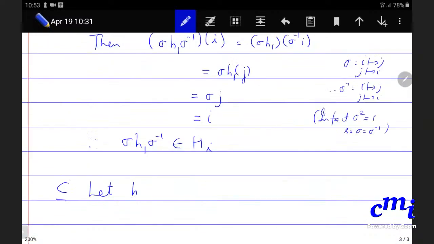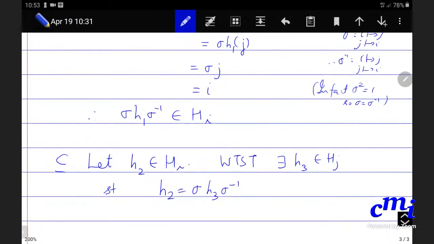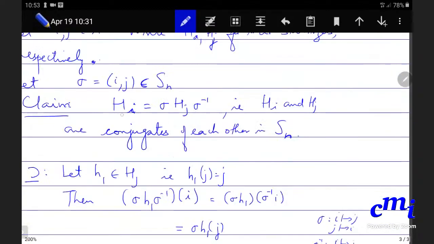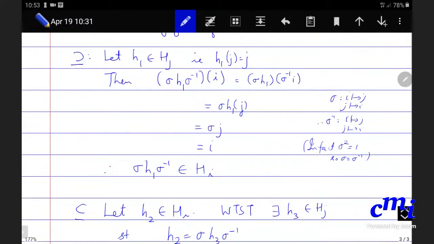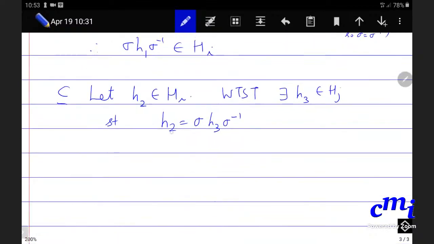So we want to show that there exists H3 inside Hj such that H2 is sigma H3 sigma inverse. So if you take any element in Hi, it can be written as sigma times something in Hj times sigma inverse. Okay, so this is what we want to show. Well, there is an actual candidate.